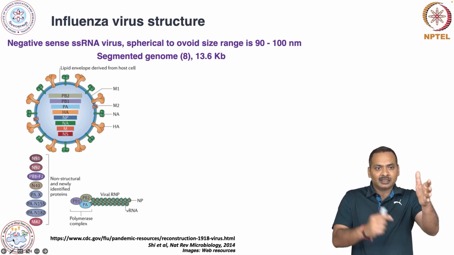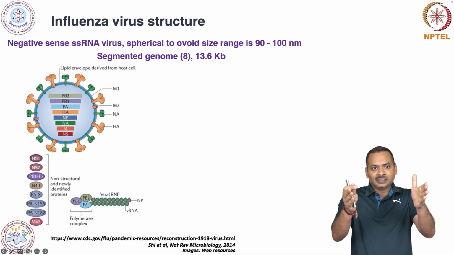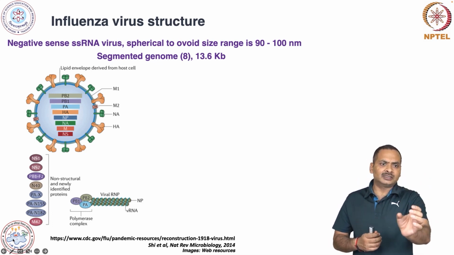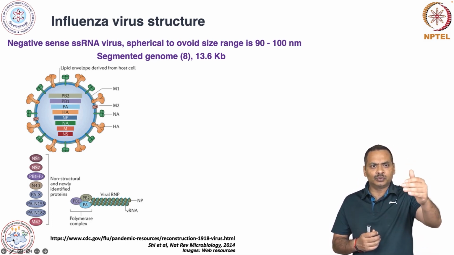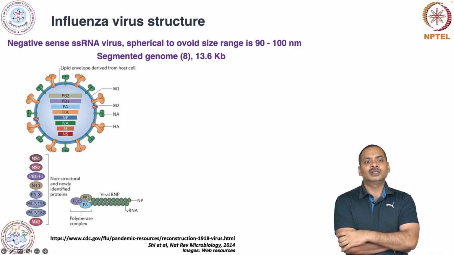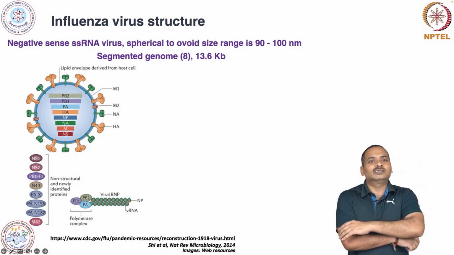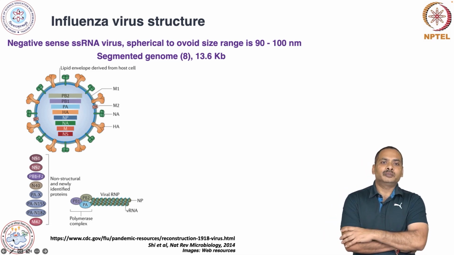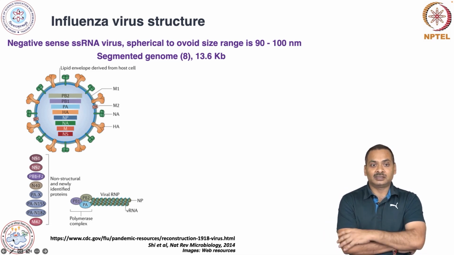And the size is depicted here. You can see the size is reducing as you move from top to bottom. This is just denoting the size of the genome. The NS is the smallest and PB2 is the largest.